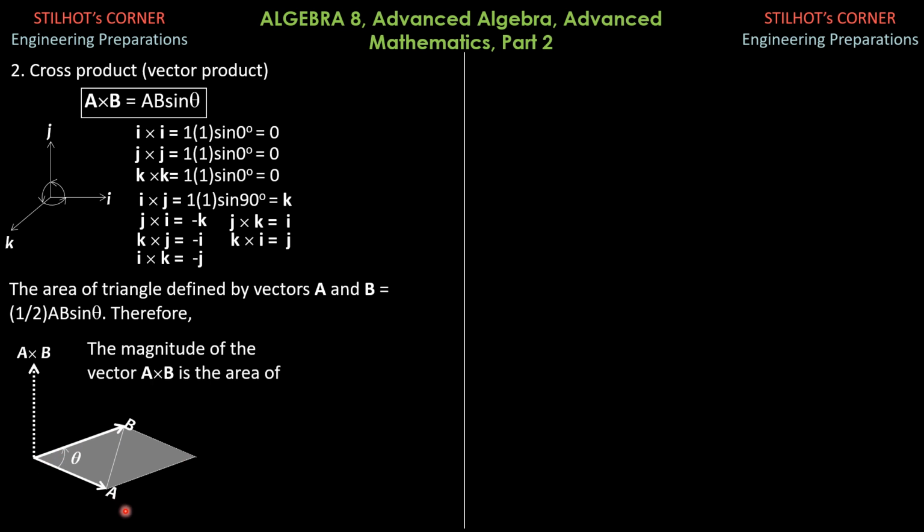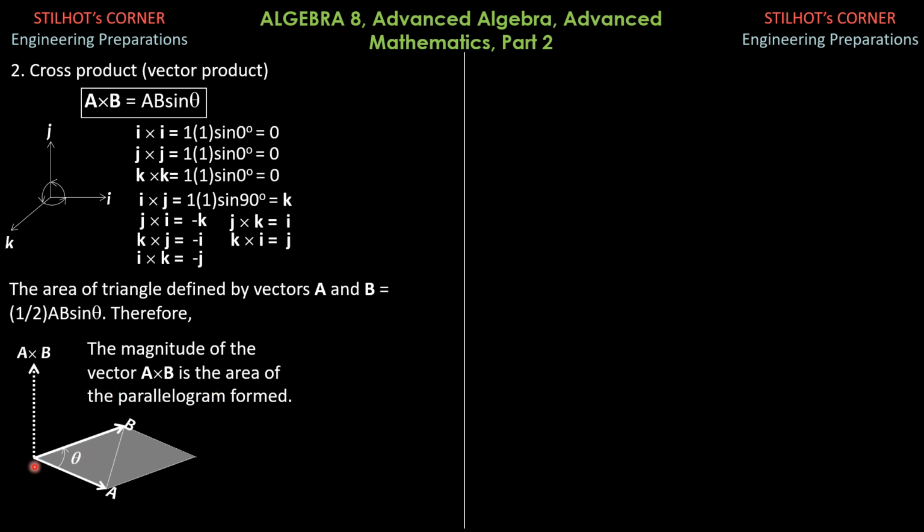And therefore, the magnitude of A cross B, which is AB sine theta, is 1/2 of AB sine theta times 2. 1/2 AB sine theta is this half area of the triangle, times 2, it becomes the area of this parallelogram form. So the magnitude of this vector perpendicular to A and B is the area of the parallelogram.